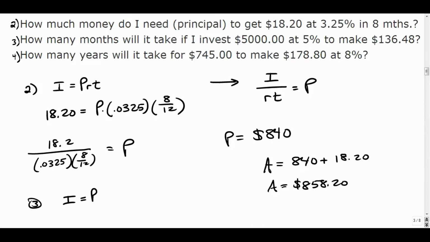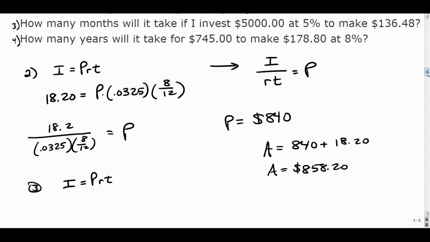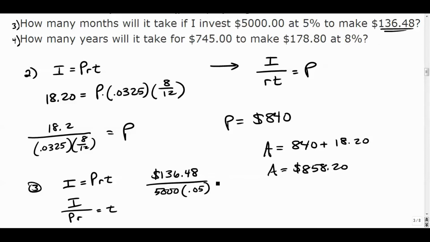Number 3. Again, simple interest formula. This time I'm going to solve it for time. How many months will it take if I invest $5,000 at 5% to make this much interest? So let's get time by itself first. Time is the interest, 136.48, over the principal, which is 5,000, times the rate, 0.05.